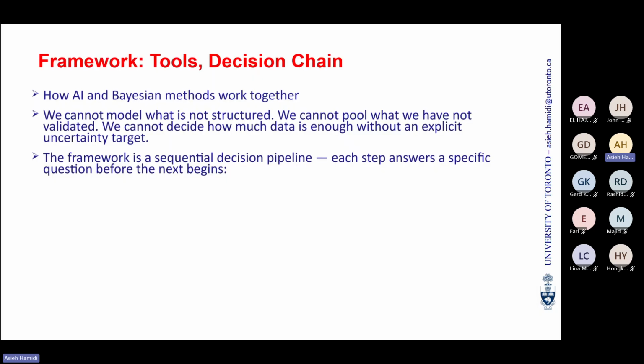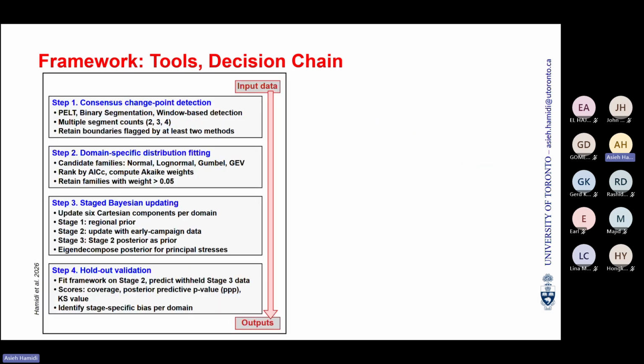We developed a framework that is a combination of several tools built using different algorithms, mainly AI, Bayesian methods, and our understanding of the problem. It is sequential, and here is the framework.